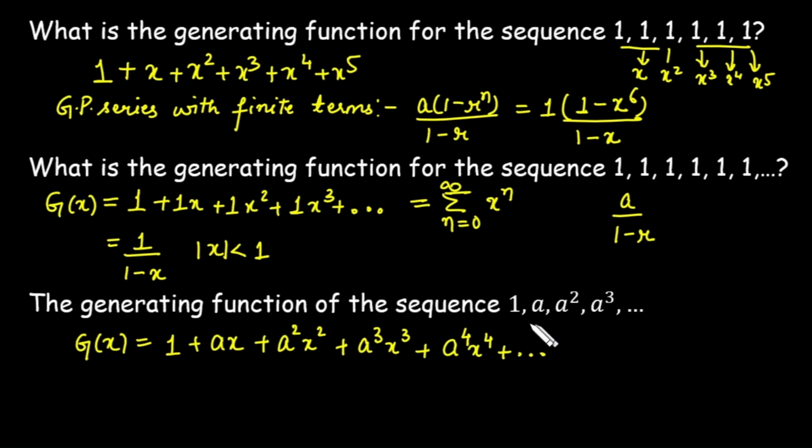Continue this because it is an infinite sequence, so you will get infinite terms in the generating function. Now, what is the sum of this series? Again, this is a GP series with infinite terms. So the first term in this case is 1 upon 1 minus the ratio, which is the second term divided by the first term, that is ax. Now, we will put the condition that mod of ax is less than 1.